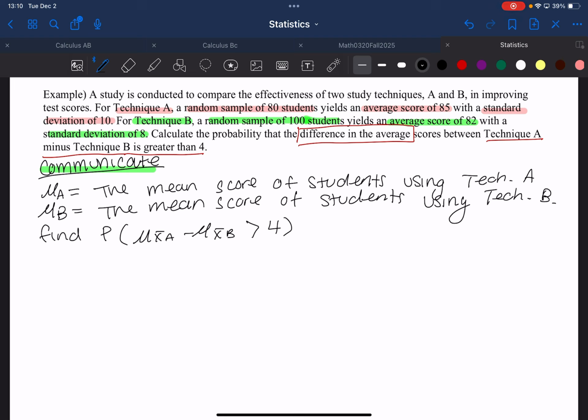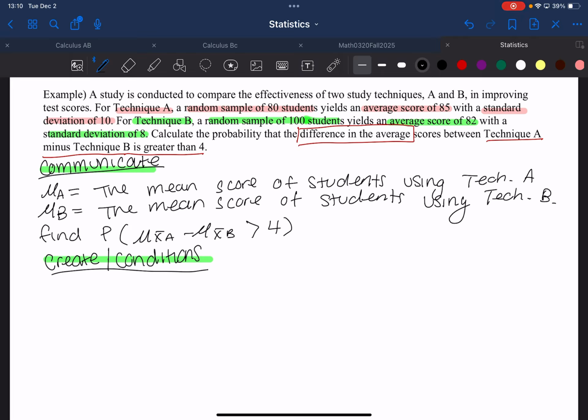What's the next C? Creates. And I'm going to give you another word that could help, and that's conditions. They use create because create can be used for a lot of different types of problems. But notice in these sampling distribution problems, we're always trying to prove the 3 conditions: random, independence, and normal.